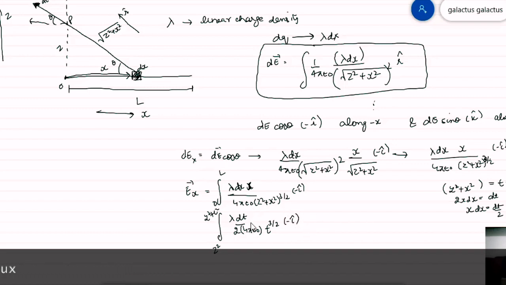So similarly, what you can do is you can calculate the electric field at point P due to the vertical component.